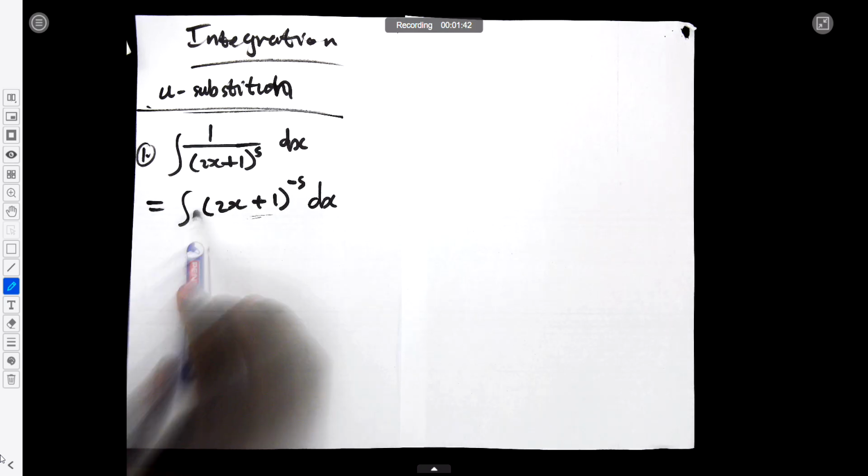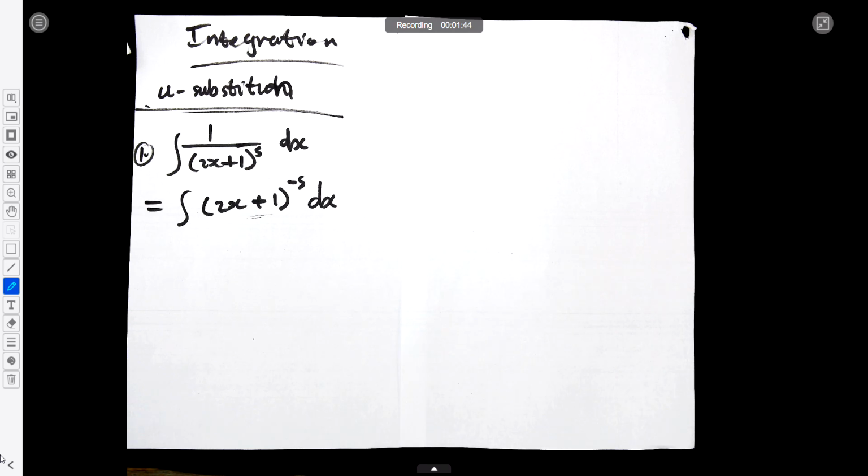So if we're going to add 1, we're going to divide by that exponent and divide by the missing factor.